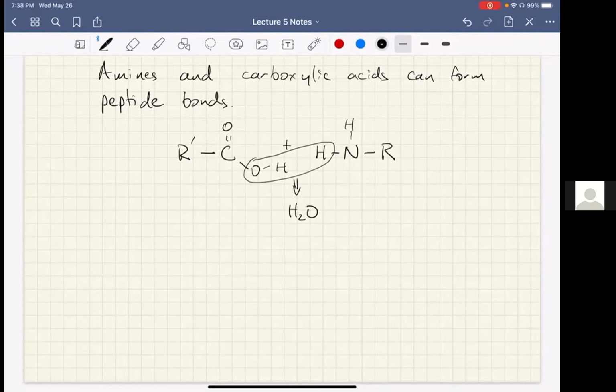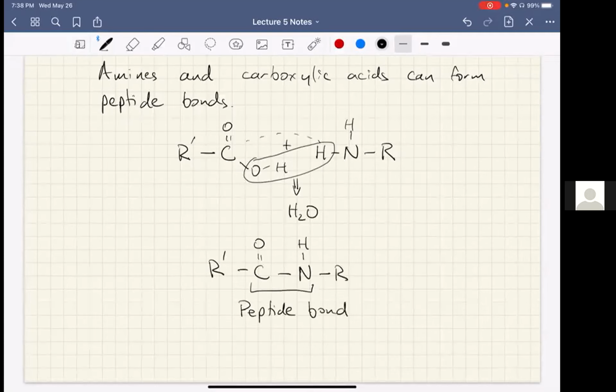They come off of the respective groups, and what's left joins up. So we will end up with the following, like so. And this structure is called the peptide bond. So it's well known that this can happen. Now the question is, how does this relate to proteins?